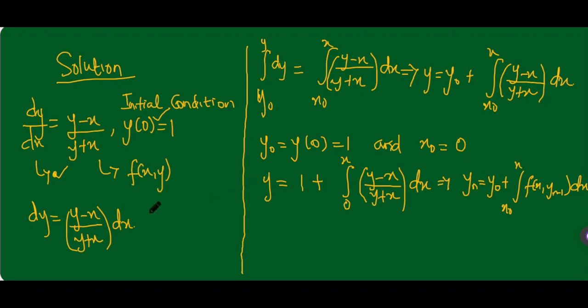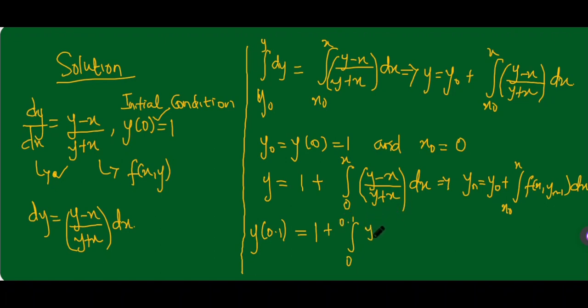Now in this question, we were asked to find the value of y for x is equal to 0.1. So in this case, to find y at x is equal to 0.1, we have to rewrite our equation as 1 plus the integral from 0 to 0.1, which is our x that we need.